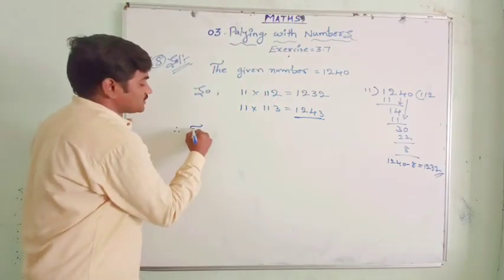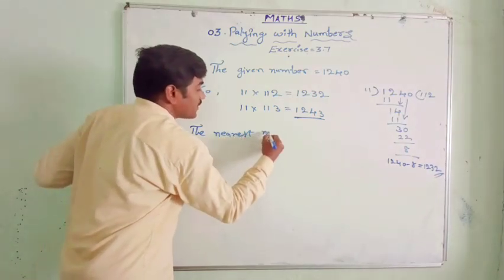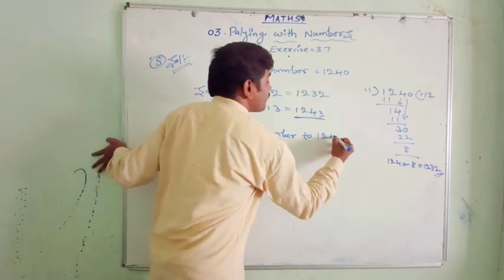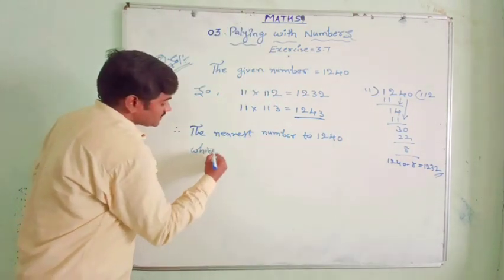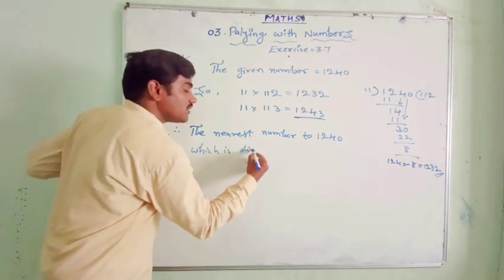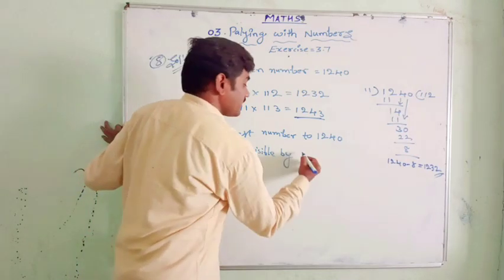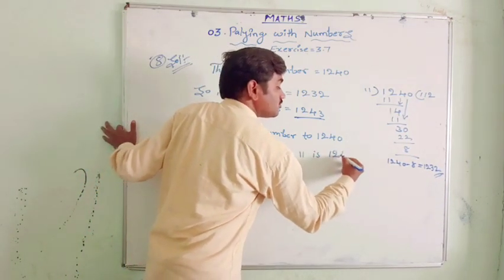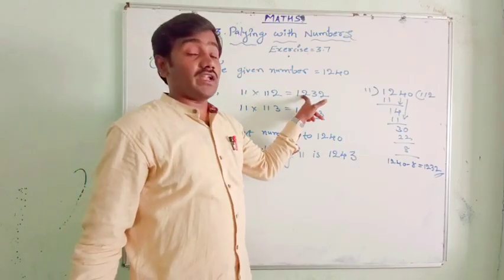Therefore, the nearest number to 1240 which is divisible by 11 is 1243, not 1232.